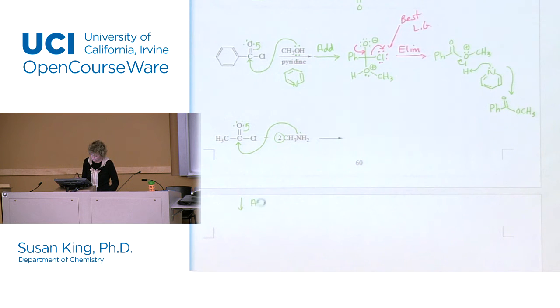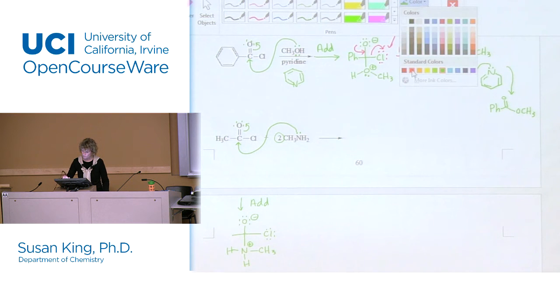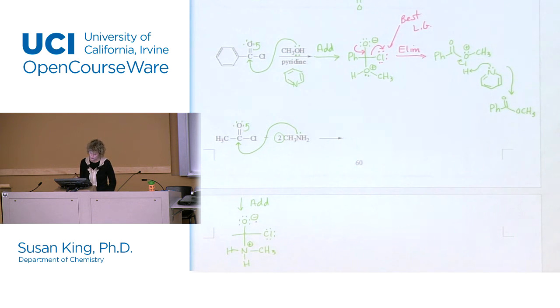So here's addition. Alkoxide. Leaving group. What's our best leaving group? Always chloride ion. How about that, huh? So -7 for HCl, about 10 for ammonium ion, which is the pKa for that amine if it leaves.